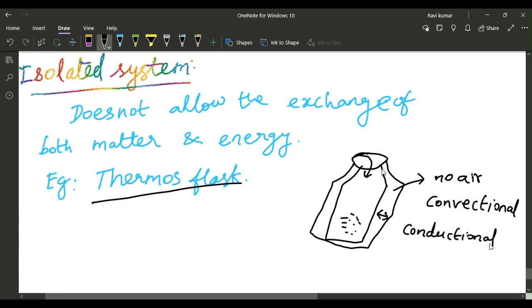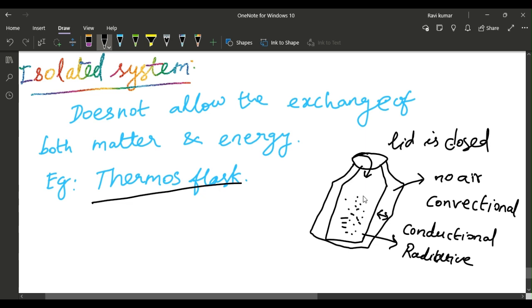And these inside walls are silver mirrors. Silver mirror walls will reflect the infrared radiation. So radiative transmission is also forbidden here, and the exchange of matter is forbidden because the lid is closed. So this system is totally isolated.